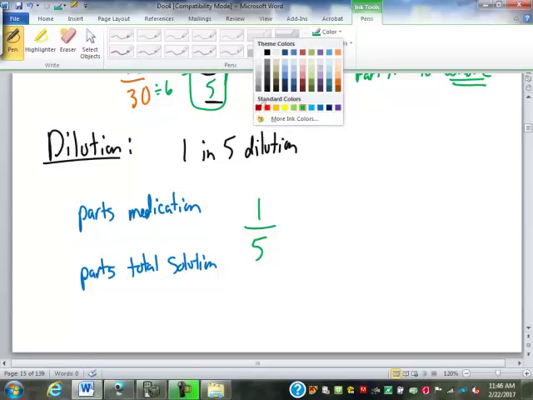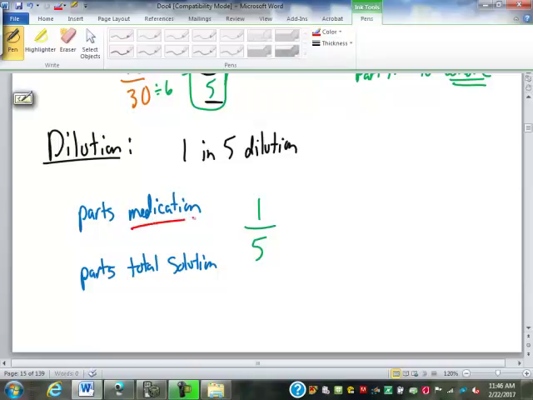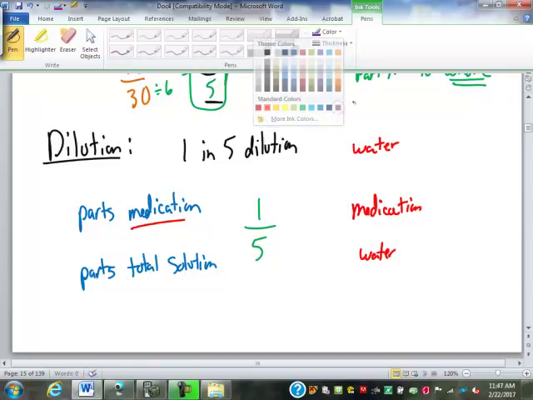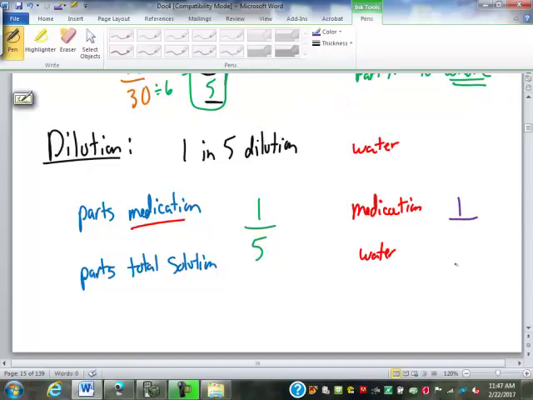Now there's only 2 ingredients in a dilution. There's the medication, and then there is that water. So if I wanted to know the parts of medication to water, it's going to be similar to what we did up above. We still have only 1 part medication, but if we have 5 total parts of solution, and one of those parts is medication, 5 minus 1 is 4 parts water. So we can get that ratio out of that.